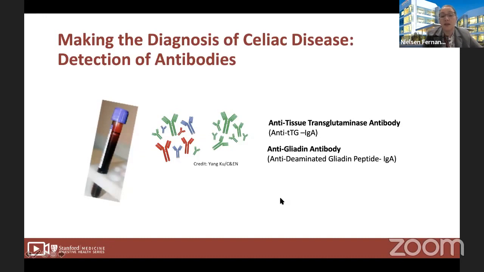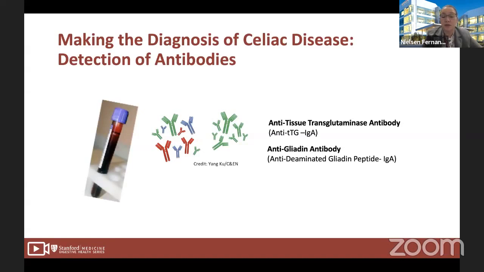And we can detect these in the blood. These tests are very sensitive and specific, meaning that they're very good at picking up the disease. And when they're positive, they're generally truly positive and indicate that celiac disease is likely.